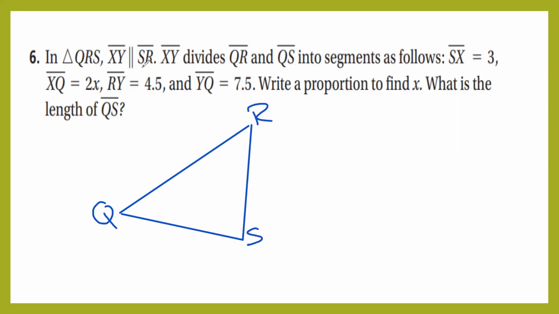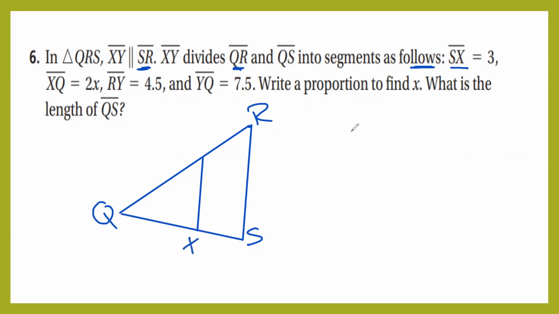And XY parallel to SR. This is SR, okay, so I have to write a segment which is parallel here. It's a parallel segment. Divide QR and QS into segments as follows.